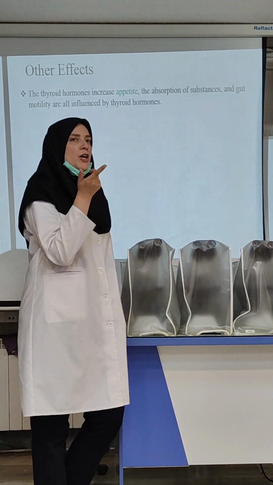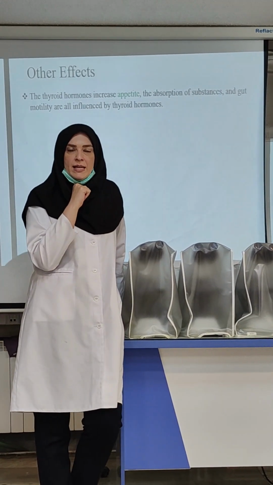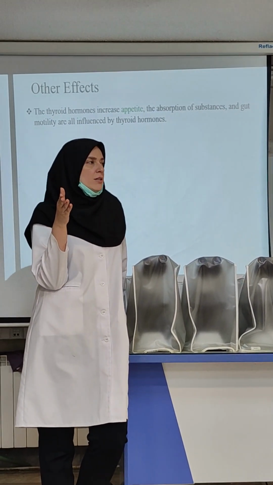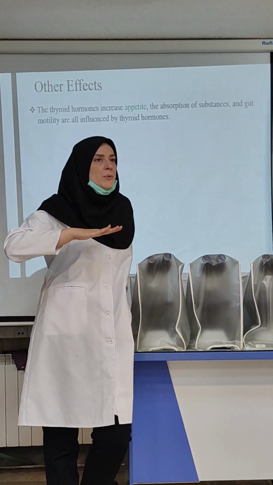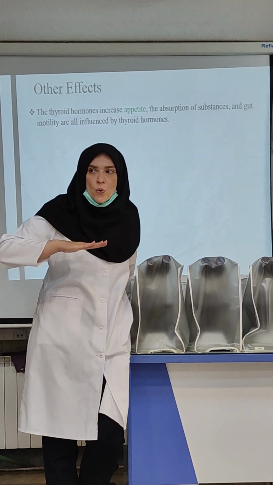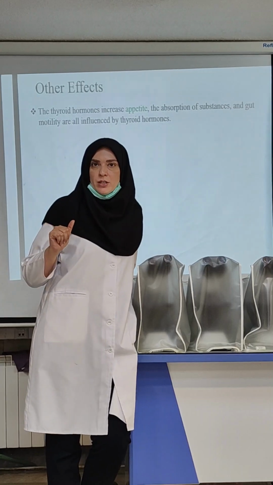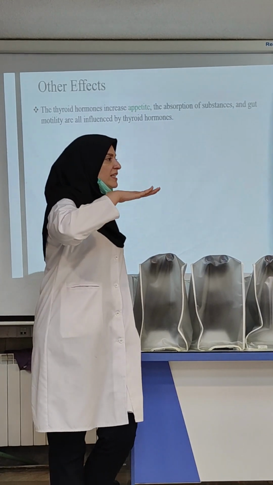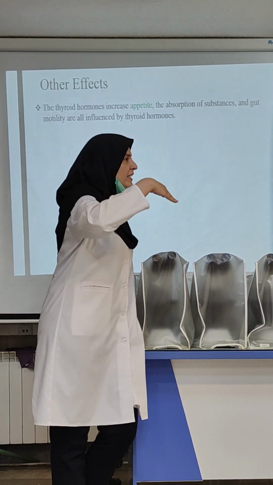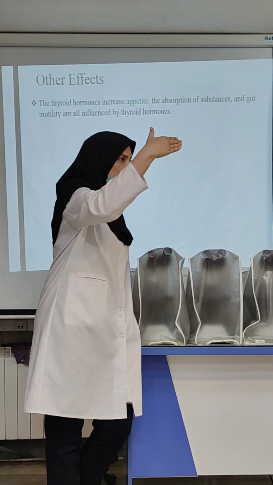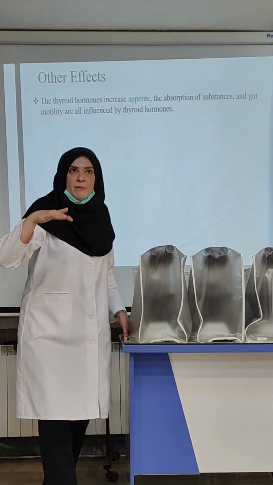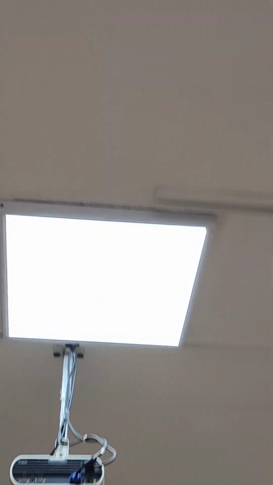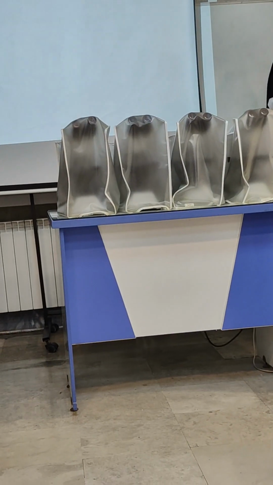In the case of hypothyroidism, is there diarrhea or constipation? We have a low motility, so constipation, because the gut motility is low. But in a case of high concentration of T3, they have diarrhea, because they have a high motility of the gut.